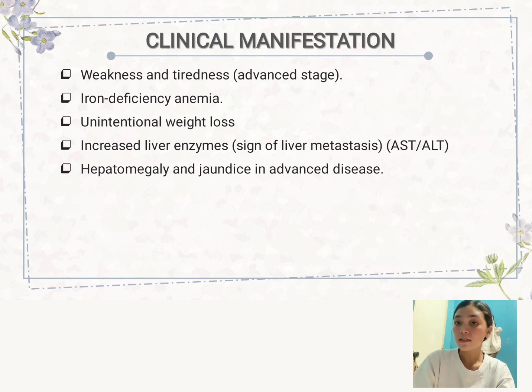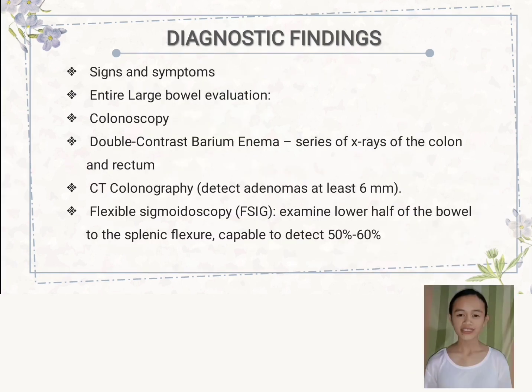Weakness and tiredness in advanced stage, iron deficiency anemia, unintentional weight loss, increased liver enzymes, and hepatomegaly and jaundice in advanced disease. The next topic that I will discuss will be diagnostic findings.